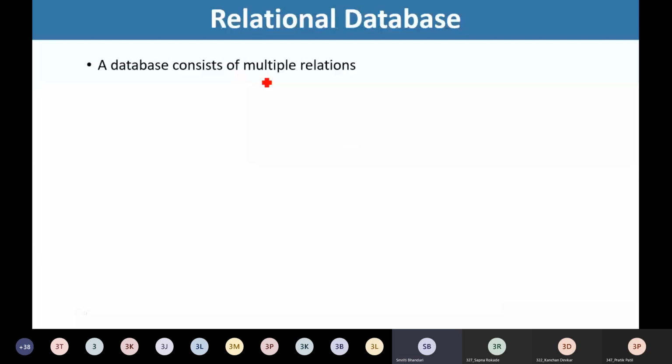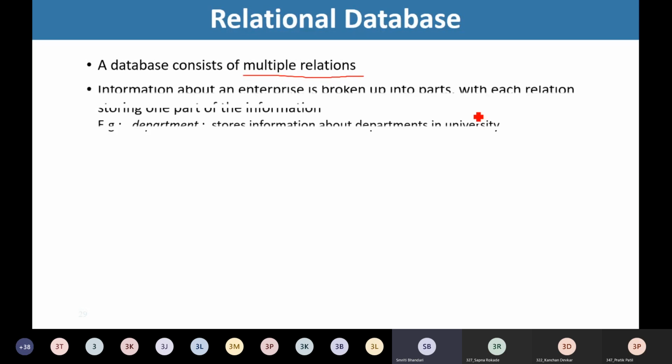Our database consists of multiple relations. So many such relations we are having in our database. Usually, information about an enterprise is broken up into parts, right?